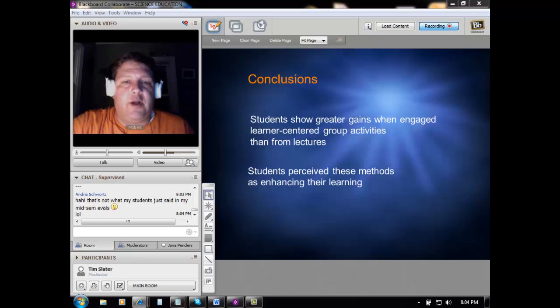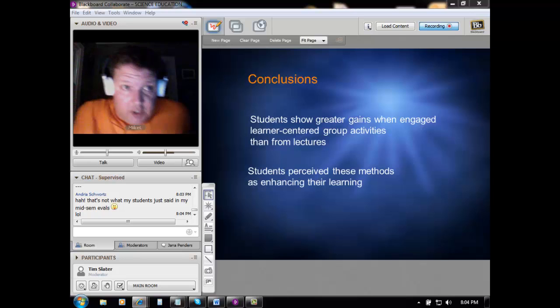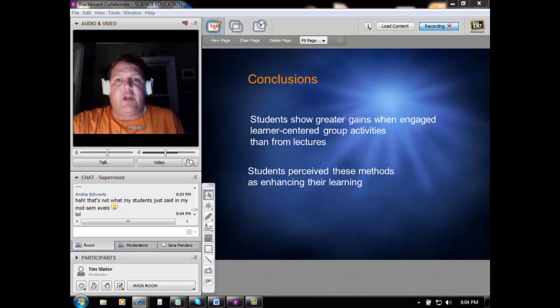I did consult with a statistician when I was on sabbatical, at the University of Michigan, a psychology guy who was big on the quantitative statistics stuff, and he said I had a pretty good statistical argument. And again, the students perceived that they were being helped, that this was worth their time, and it was good to do things like this.